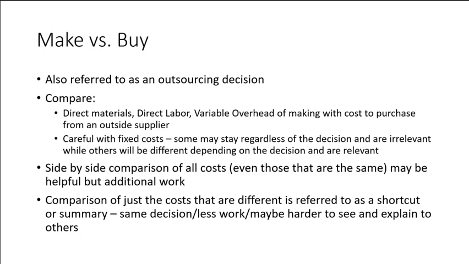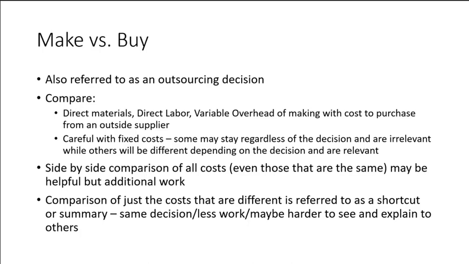Should you buy your pants already made in China, or should you produce them locally in your factory? Either buy them already made or make them. That's a make versus buy decision.